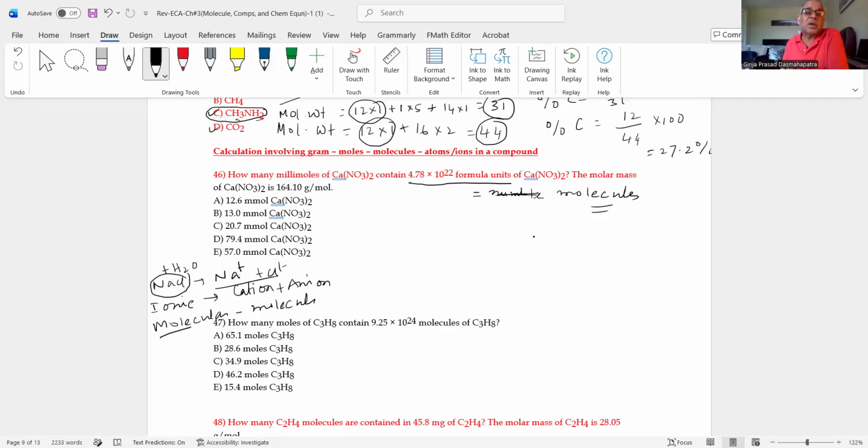So that's why instead of saying molecule, rather say formula unit, the formula as it is. Okay. So it is a technical term, but for practical purposes, they are all the same. So we have to convert to moles. As per the diagram or technique I have given you, how do you convert molecules, formula units?